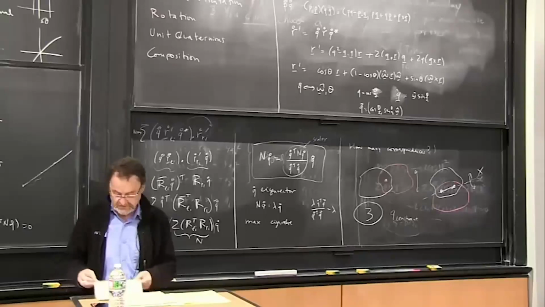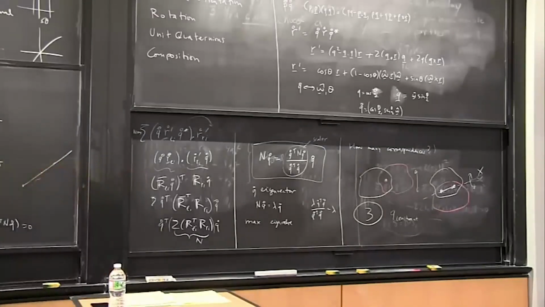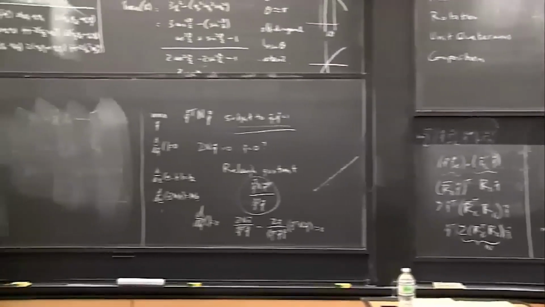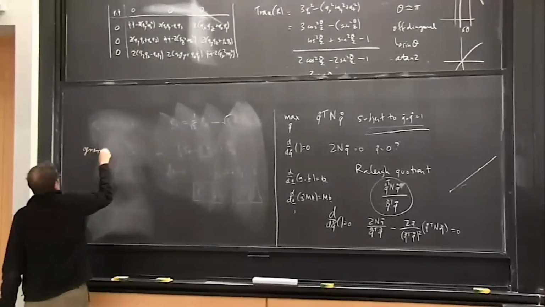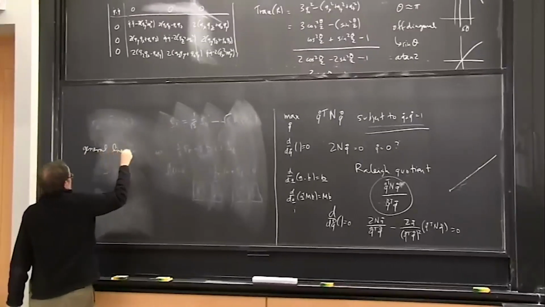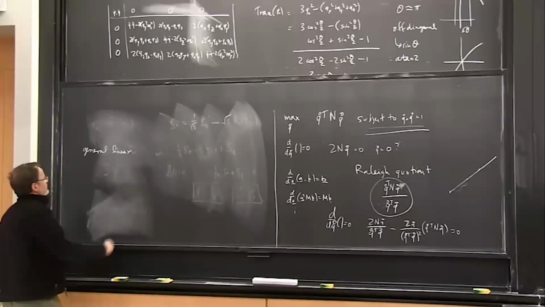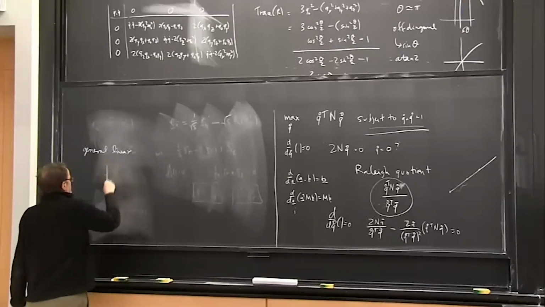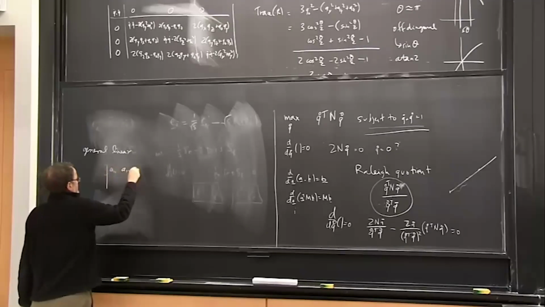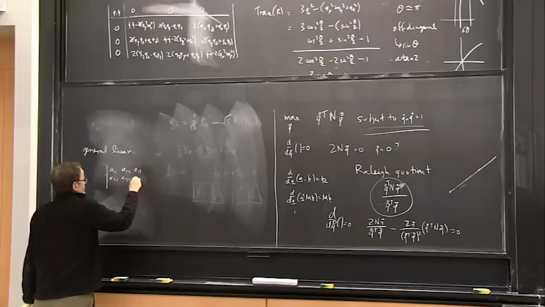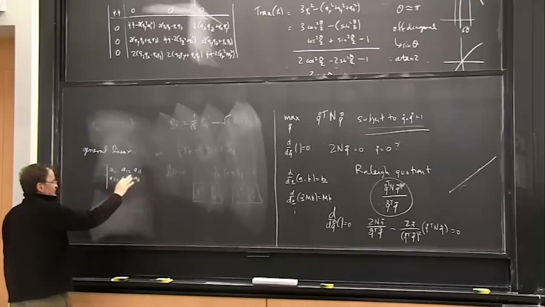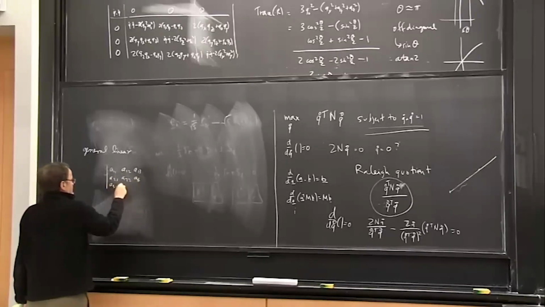So one idea is, well, how about the general linear transformation? And we did this in 2D. And I guess in 2D we ended up with 6 degrees of freedom. What is it in 3D? So we could have, no longer constrained to orthonormal matrices.